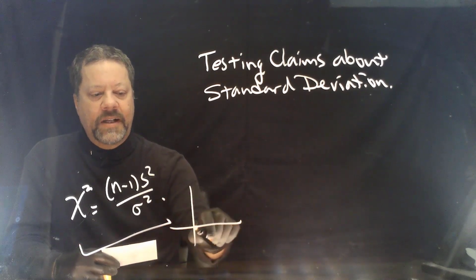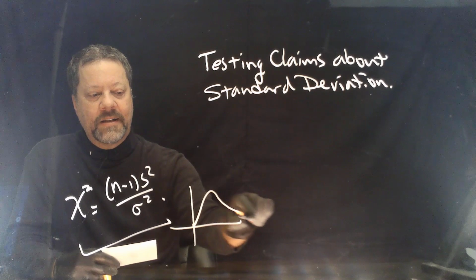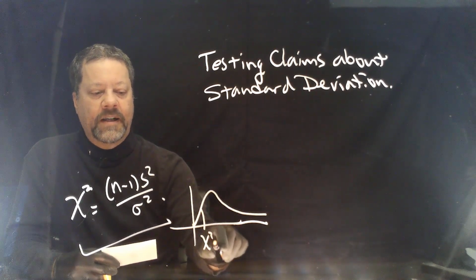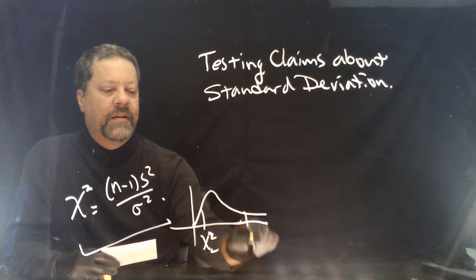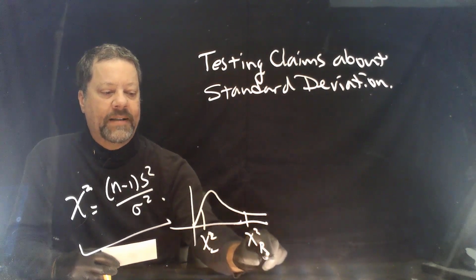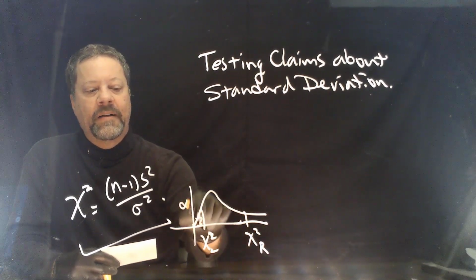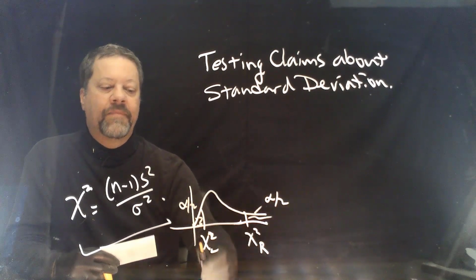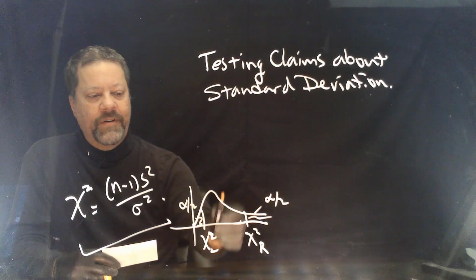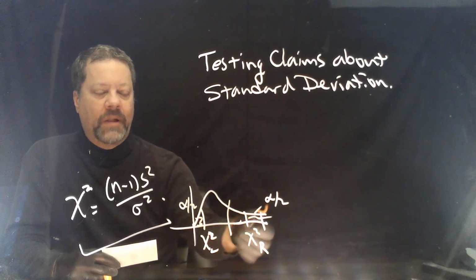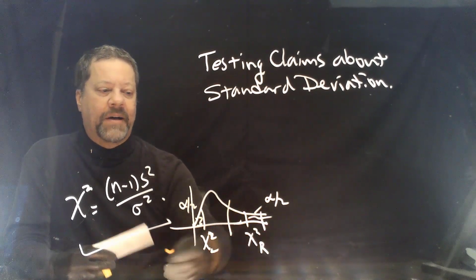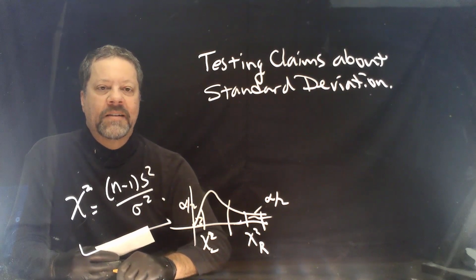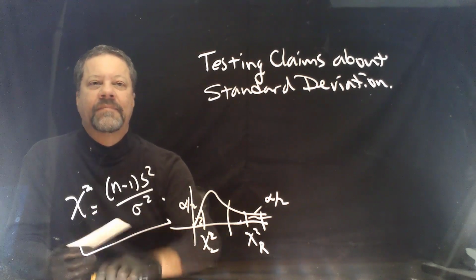We can use this chi-square statistic to test claims. We'll have a chi-squared left and a chi-squared right. We'll put alpha over 2 here, alpha over 2 here, and then whatever our chi-square is, we'll either fail to reject the null hypothesis or reject the null hypothesis, depending upon where that chi-square lands.